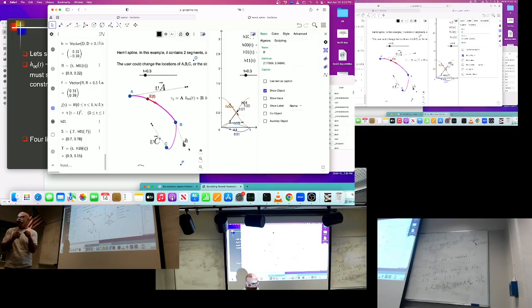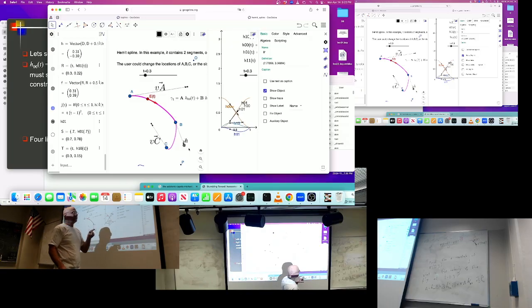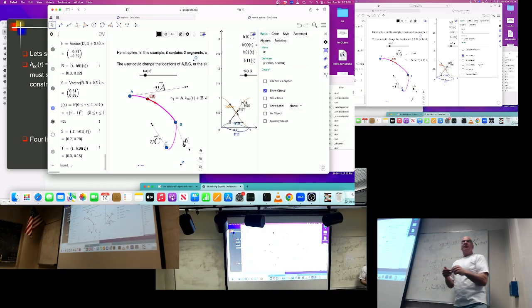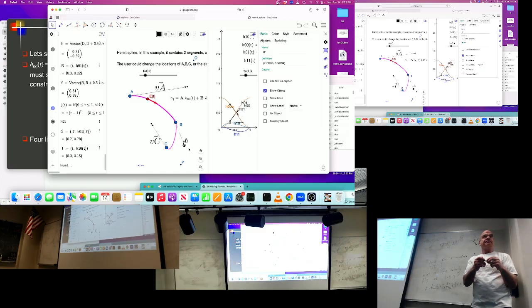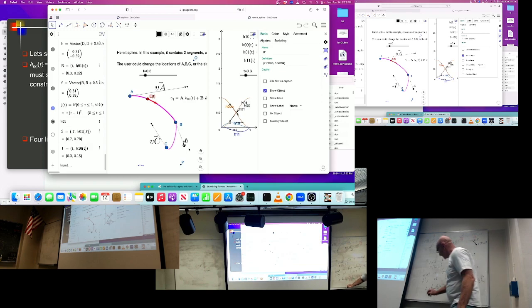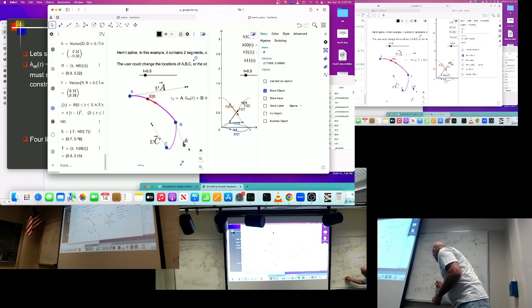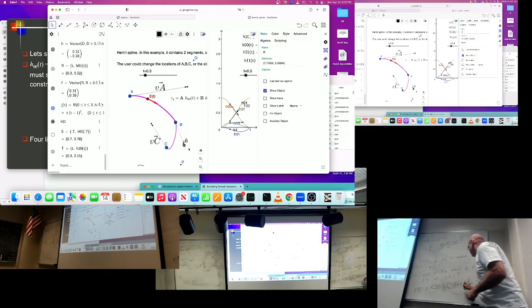What is the acceleration of gamma? It's just a second derivative. So gamma double prime of t would be A double prime, B double prime.